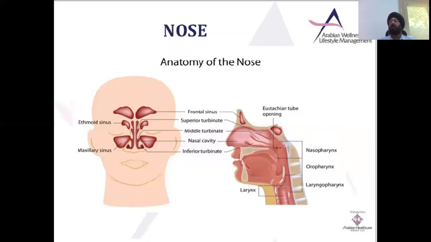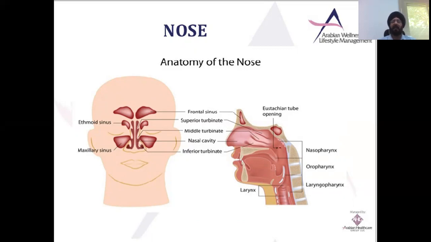Then comes the third sense organ, the nose. The shape of the nose is defined by nasal bones and cartilages. The sense of smell is a chemical sense which is detected by the various chemoreceptors inside the nasal cavity.